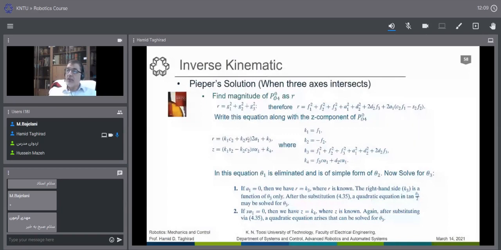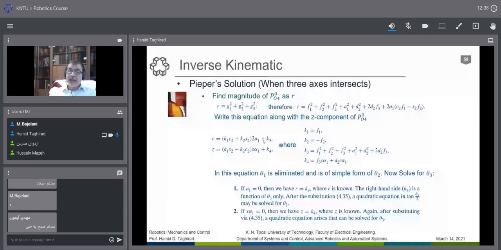This R can be written as a function of theta 3 plus K3, where K3 is rather a long equation, and the Z component, which is G3, is quite easily found as a function of S2 plus K4, where K4 is also a function of alpha 1 and F3.